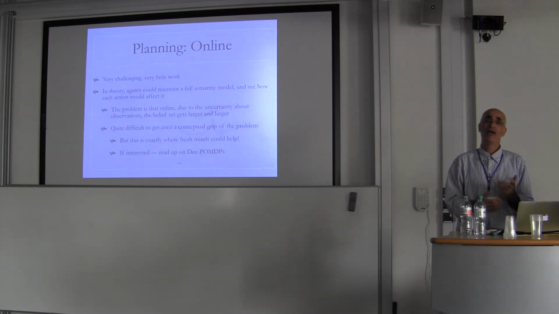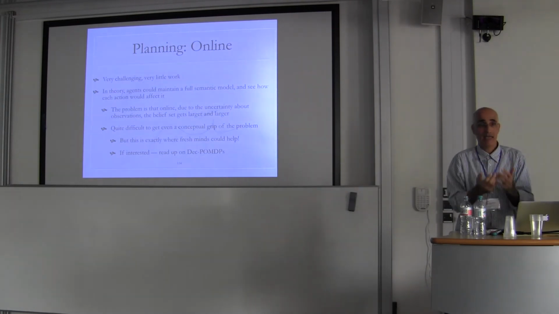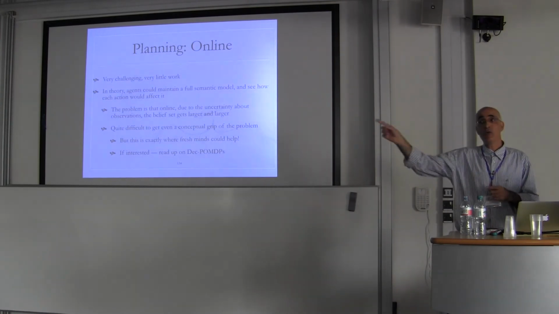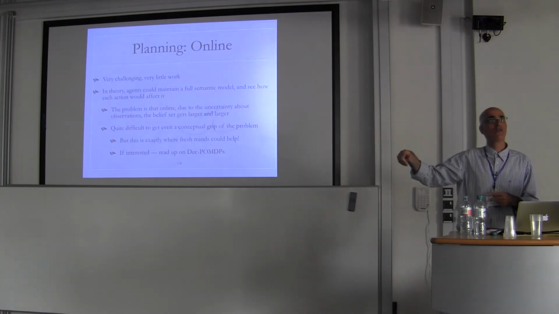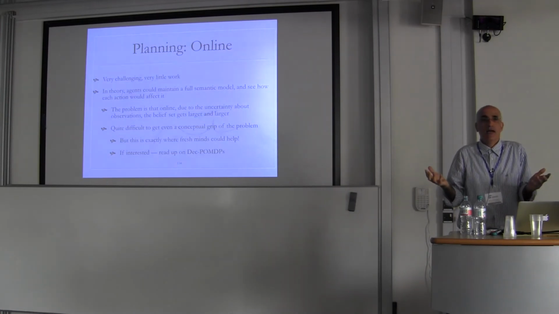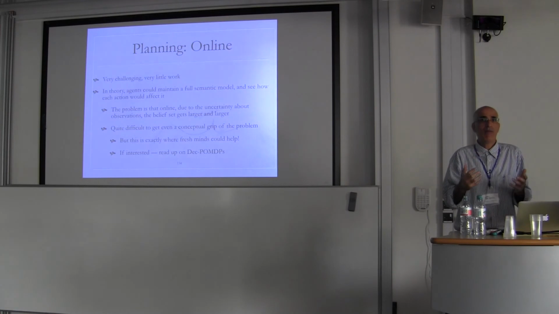Now I need to modify my plan because my original plan was made under these assumptions. So now I have to plan again with my new belief state. I don't know what your belief state is because I don't know what you've observed. So what assumptions should I make? How should I revise my plan online?